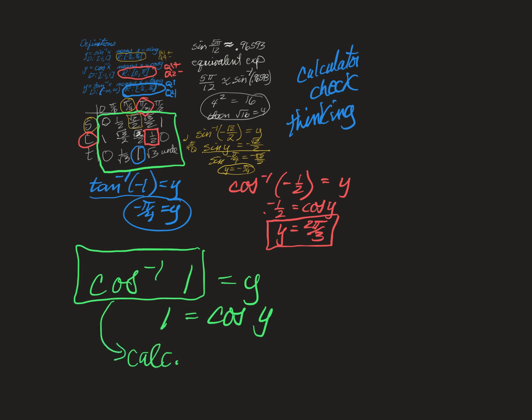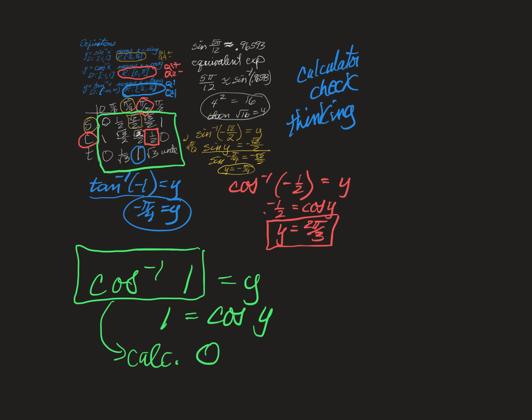So I would go inverse cosine of 1 and put myself in radian mode, because the ratio is 1, and the inverse cosine of 1 is, hang on a sec, sorry, punching my calculator. The inverse cosine of 1 is just 0.